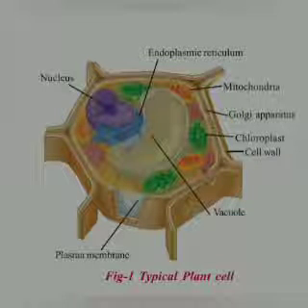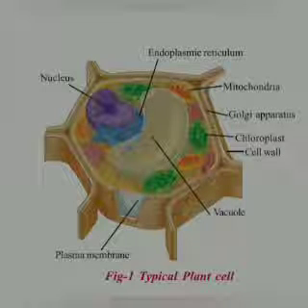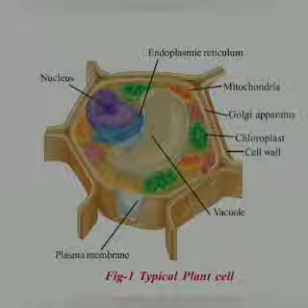For example, in the above figure, we have nucleus, endoplasmic reticulum, mitochondria, Golgi apparatus, chloroplast, cell wall, and vacuole. It is a typical plant cell. In the above plant cell, there is a cell organelle, or cell part, that is the chloroplast.